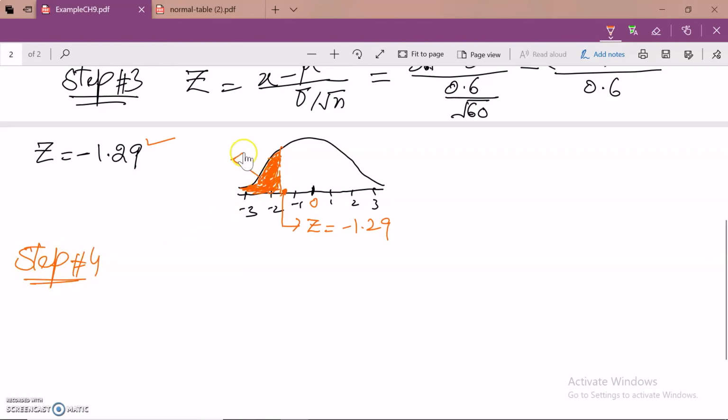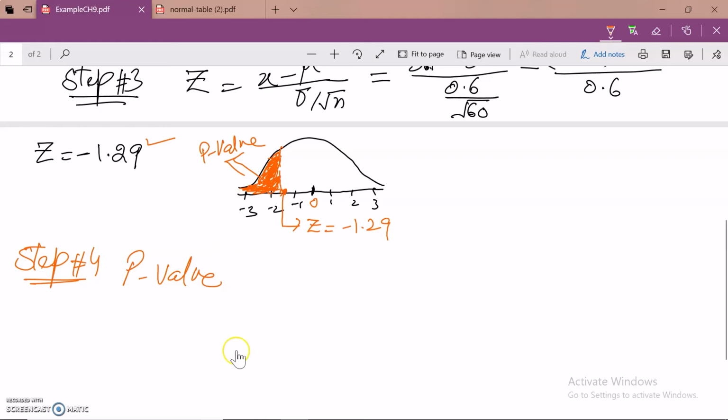This is the area which I'm calling the p-value. P-value is the area to the left of this test statistic, and this can be found by using a table or by using the calculator.